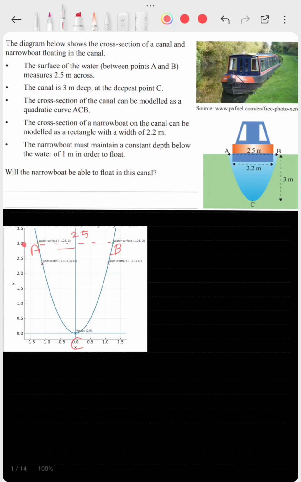Okay, so the equation of a parabola opening upward with its vertex at the origin will be in the form of x square equal 4ay. The coordinate of C is 0, 0, and of course the parabola is open upward, so the equation will be y equal kx square.